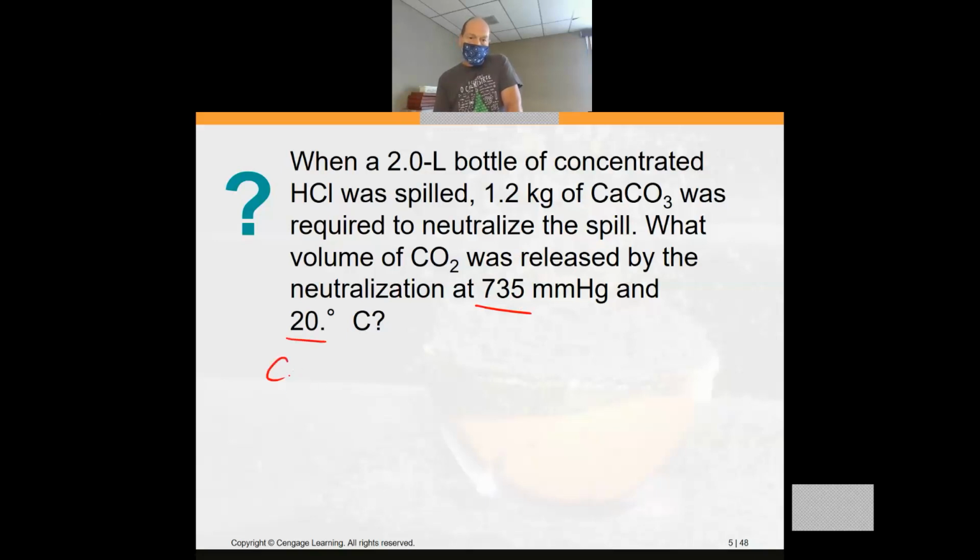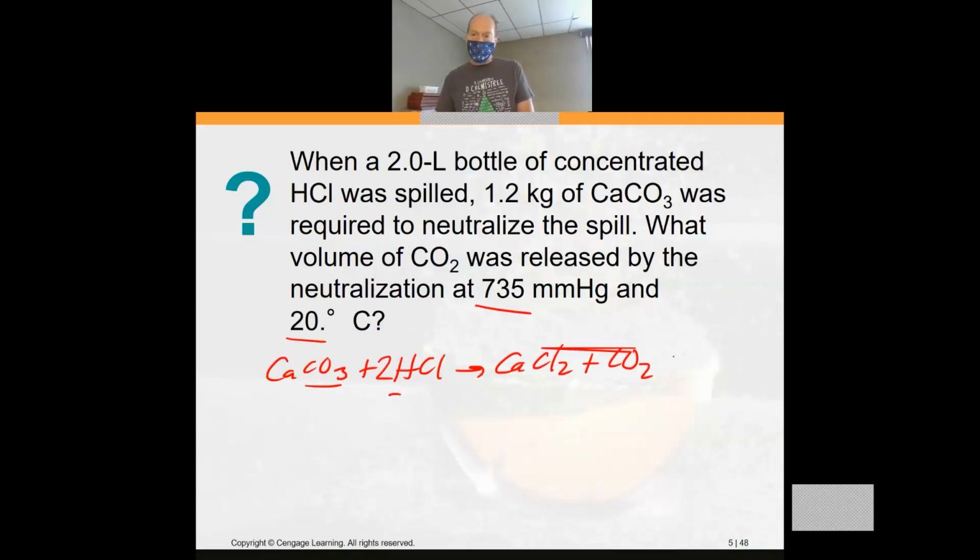All right, so you have your CaCO3, we have HCl. We know that a carbonate with an acid is going to give CO2 and water. And so we get CaCl2 plus CO2 plus H2O. In this, we have solid, aqueous, gas, and liquid.